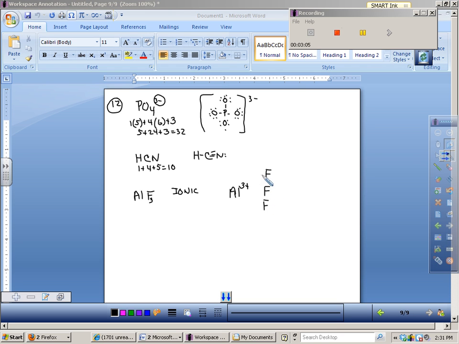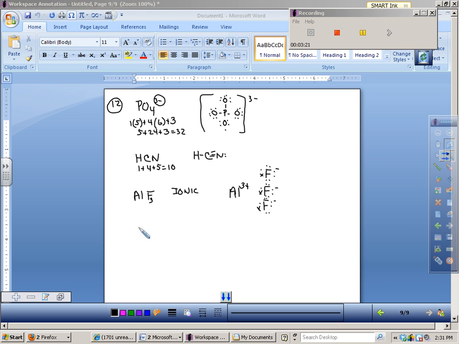They're each going to take on one of the electrons from the aluminum and add it to the 7 that they already had. And they each will have a negative charge. So together, they're neutral.